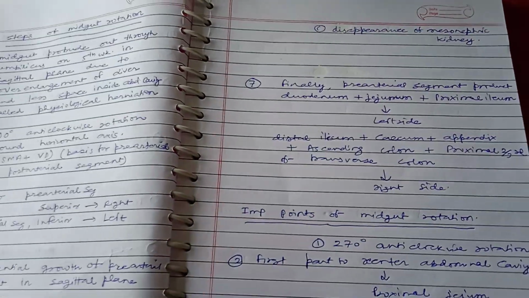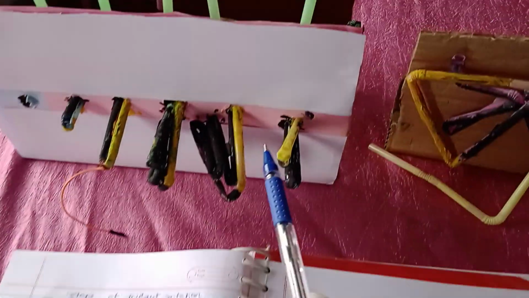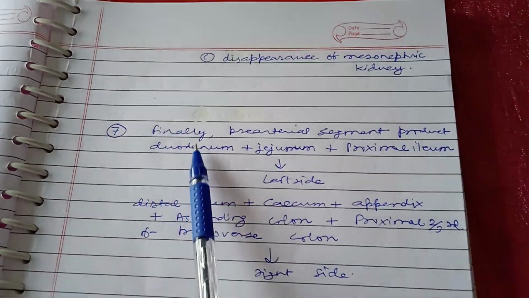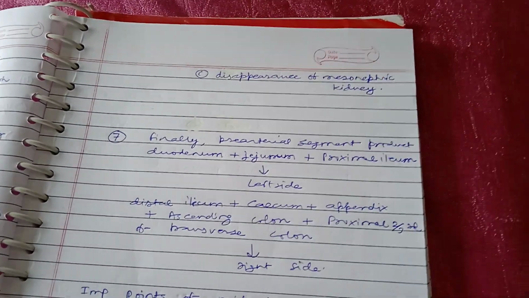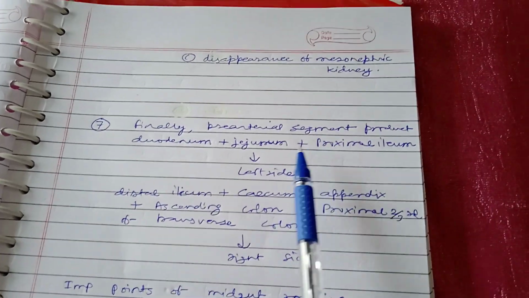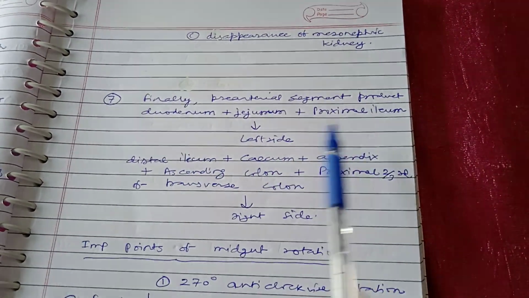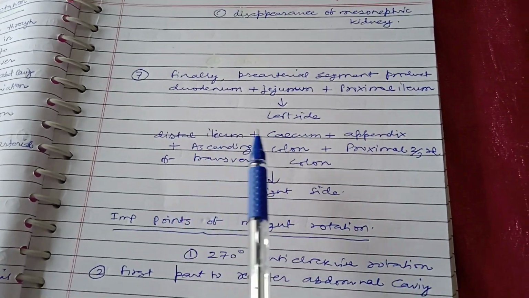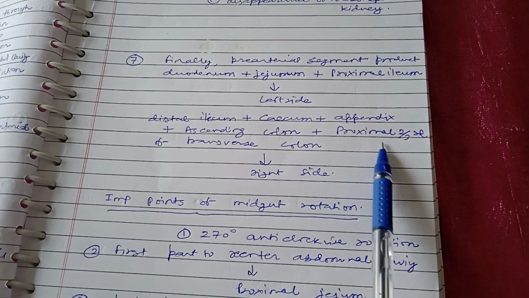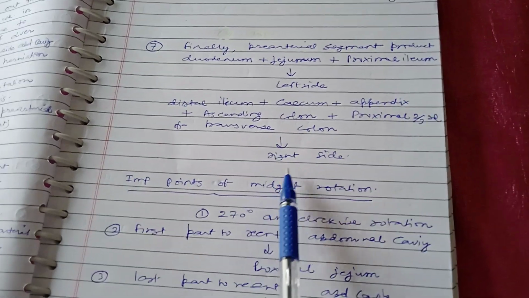These are three causes which cause re-entering of the midgut loop inside. And finally, the prearterial segment produces duodenum, jejunum and proximal ileum, which is on the left side, and distal ileum, cecum, appendix, ascending colon, and the proximal 2/3 of the transverse colon on the right side.